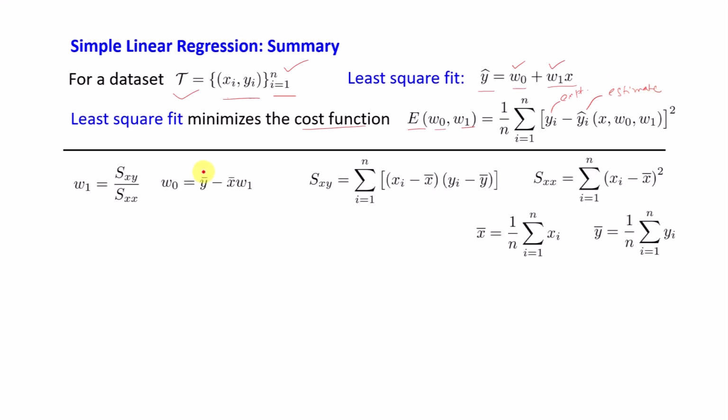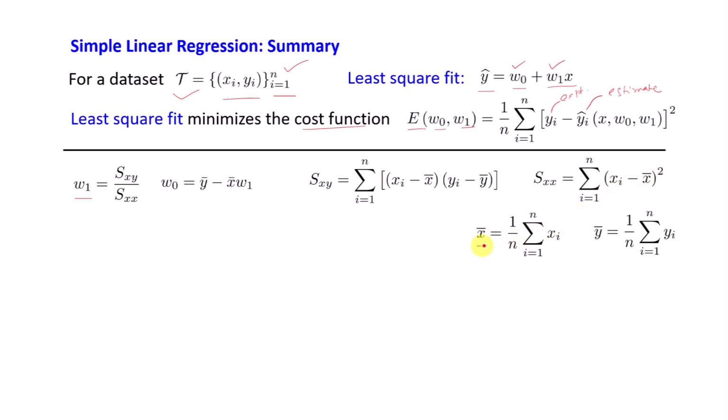Now we have seen that after we do this minimization, we have w1 equal to Sxy divided by Sxx. Sxy is the summation of xi minus x bar into yi minus y bar from 1 to n. Similarly, Sxx is the summation of xi minus x bar whole square.